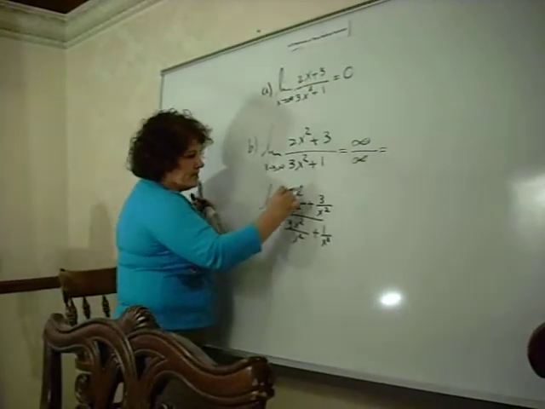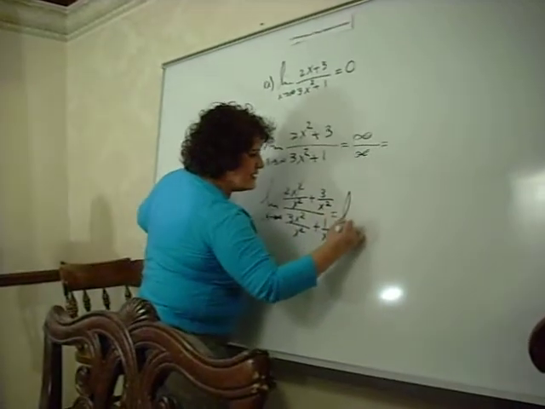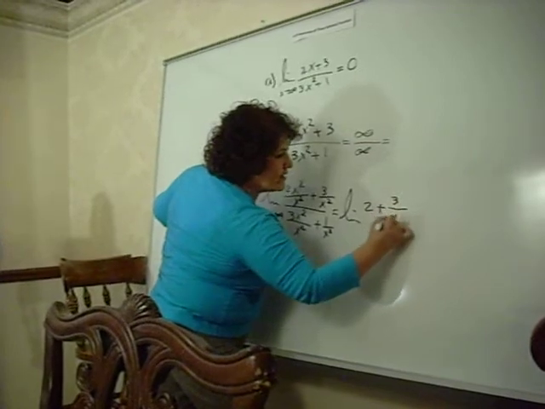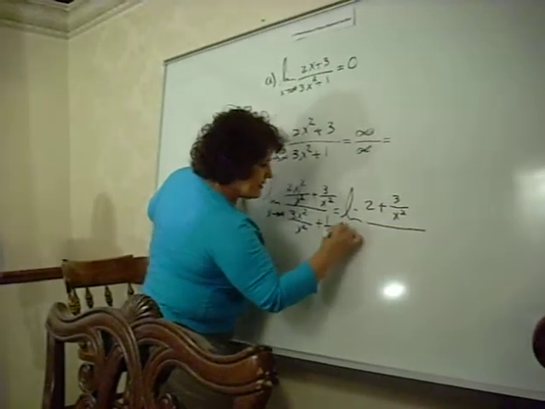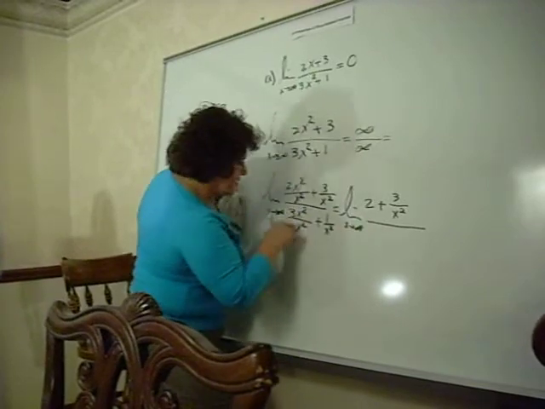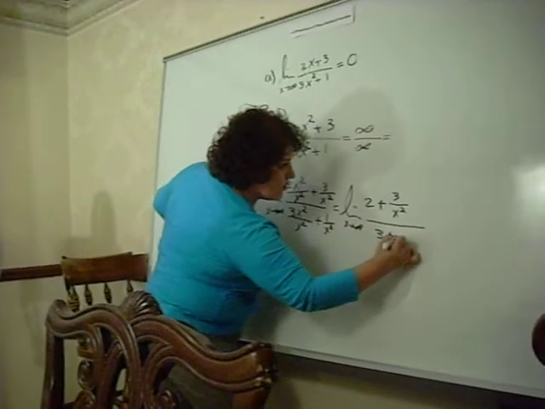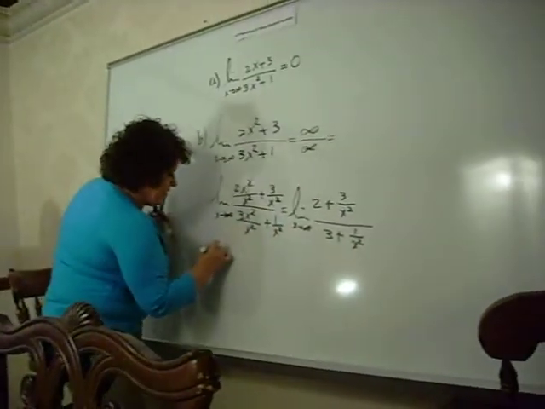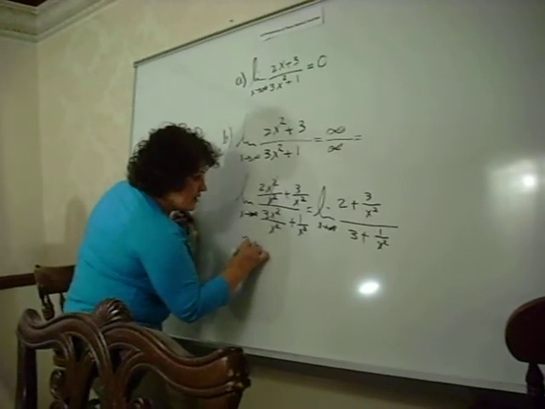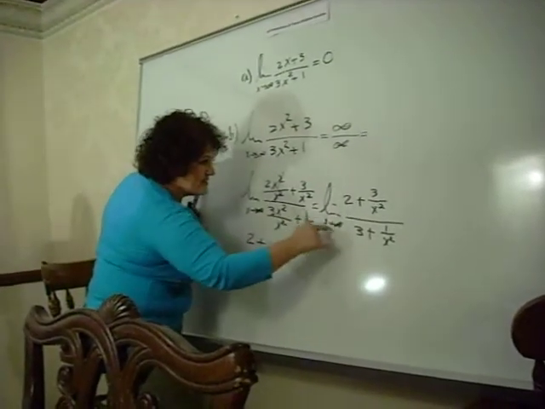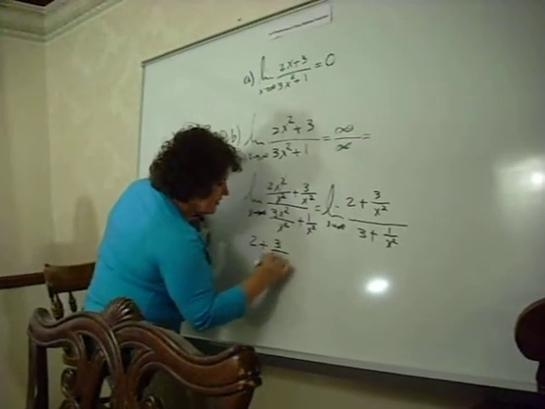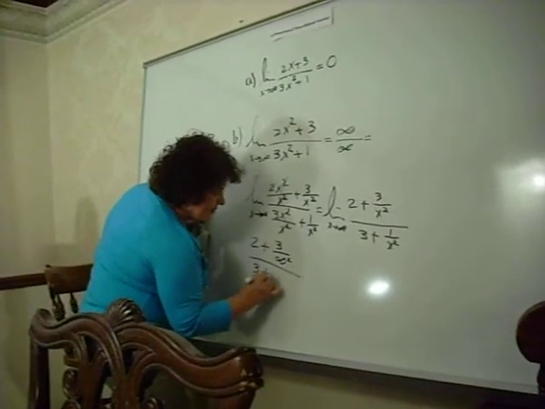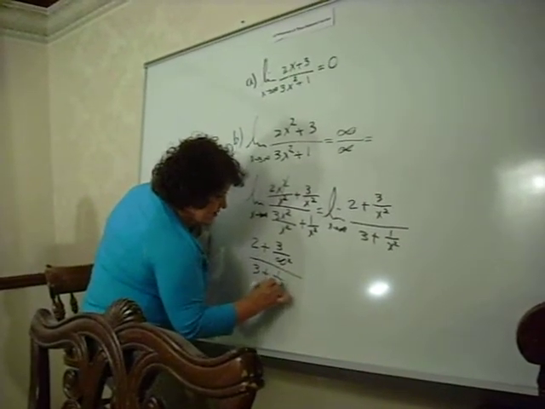Alright, this cancels, so the limit is 2 plus 3 over x squared, over 3 plus 1 over x squared, as x approaches infinity. Now I put in the limit: x is infinity, so it's 3 over infinity squared over 3 plus 1 over infinity squared.